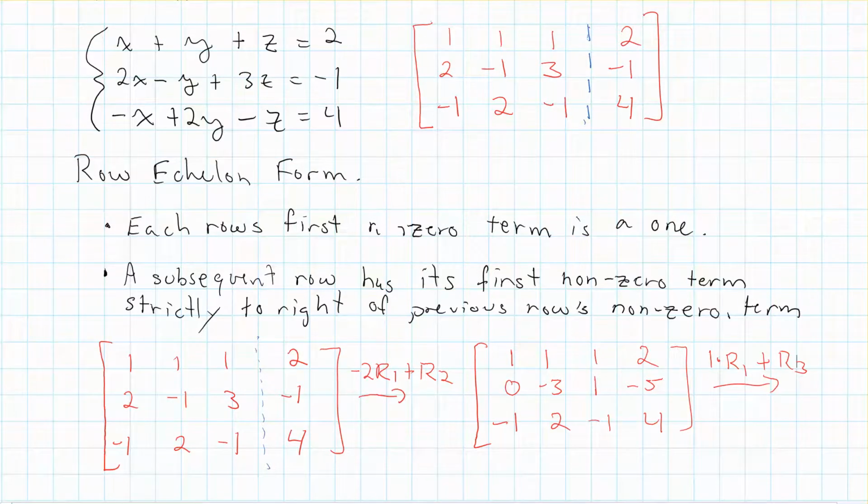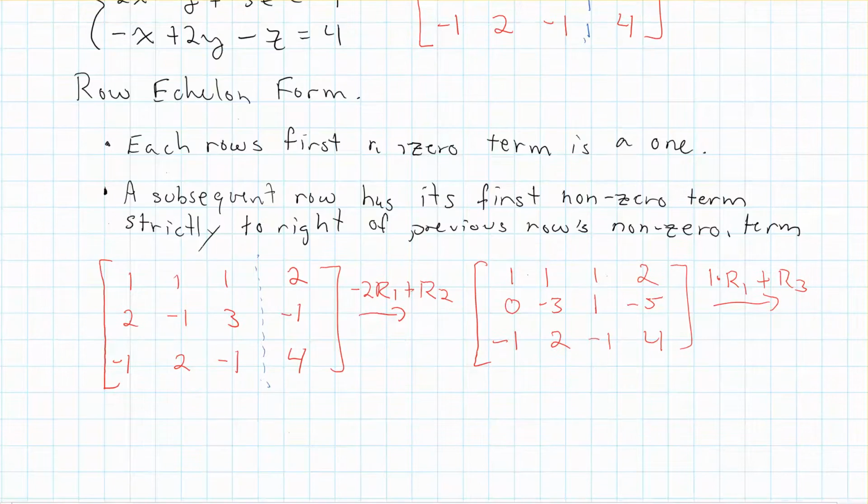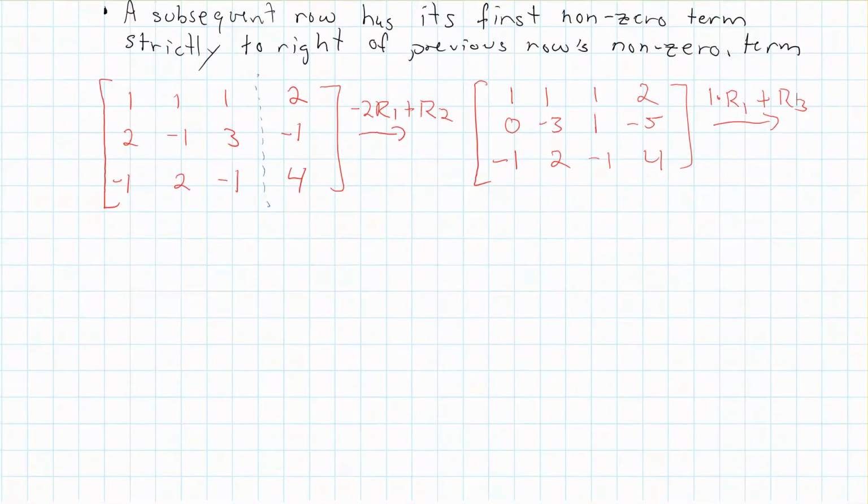And if I do that, if I can scroll up here, what do I have? Well, top row would still be 1, 1, 1, 2. I forgot to put my little dotted lines here. And then the second row would still be 0, negative 3, 1, negative 5.